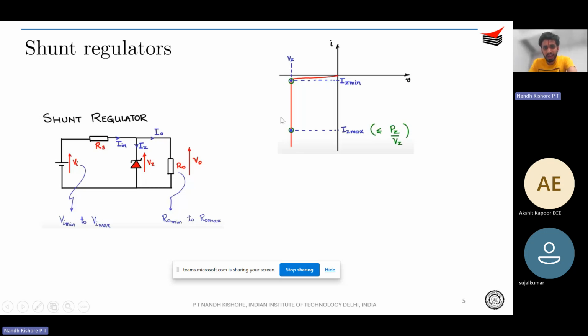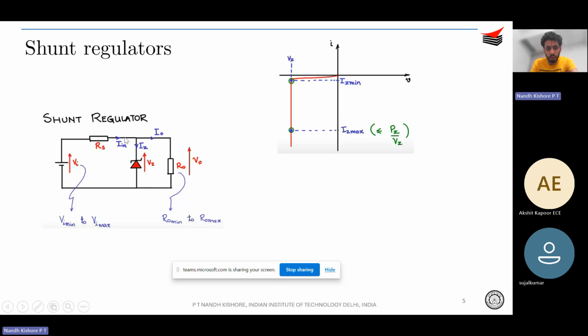The idea is that irrespective of the Zener current IZ, you have a fixed voltage across the Zener diode. So you purposely operate the Zener diode in the third quadrant, and you see that I'm able to maintain a fixed VZ across the Zener, and this is getting reflected as V naught.